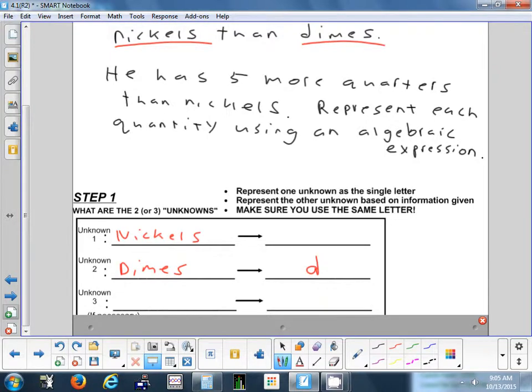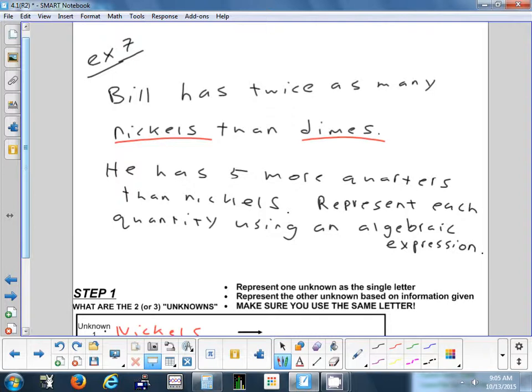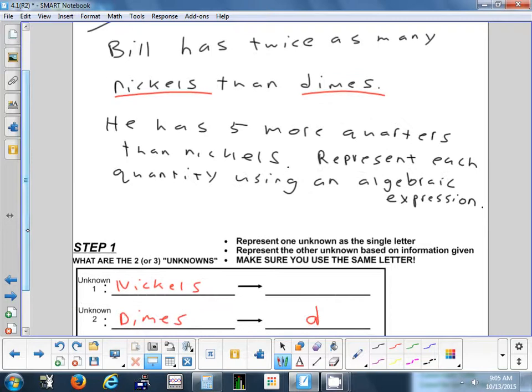Right. Next, we've got to go look at unknown 1, nickels. All right, let's read it. Bill has twice as many nickels than dimes. All right, so how do we represent nickels? The number of nickels he has is twice the number of dimes. 2 what? 2n. 2d.